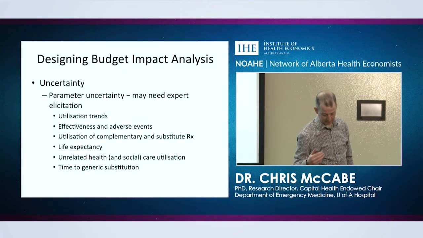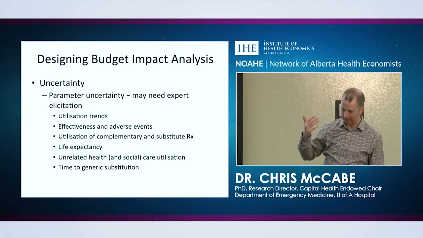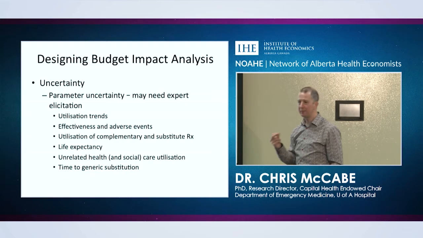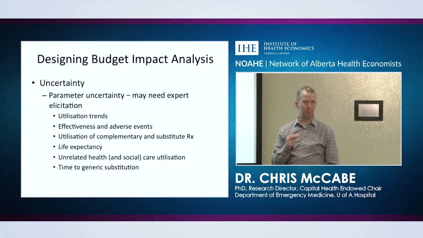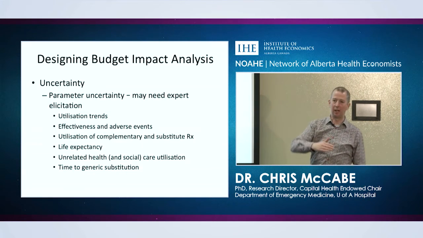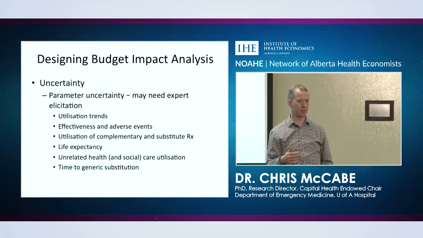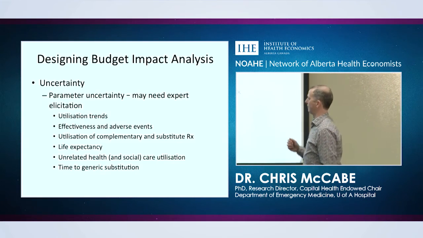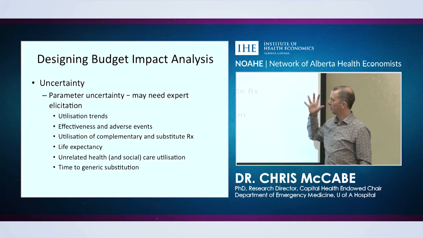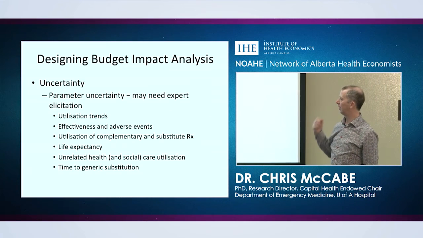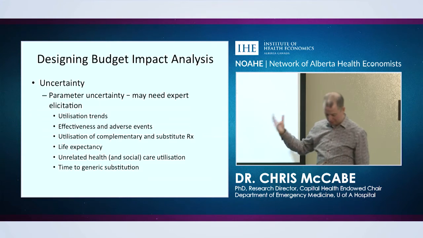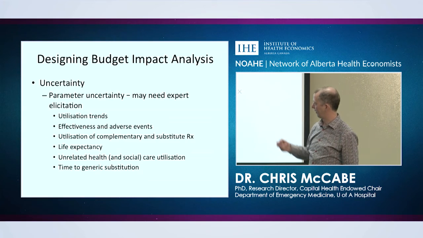We all know that there's a day when the patent is meant to lapse, but the creativity of pharmaceutical companies in putting off the moment when that actually turns into generic competition is quite incredible. And so we're uncertain about that type of stuff. So we should capture the uncertainty on these parameters using probabilistic analysis as we do with cost-effectiveness analysis.